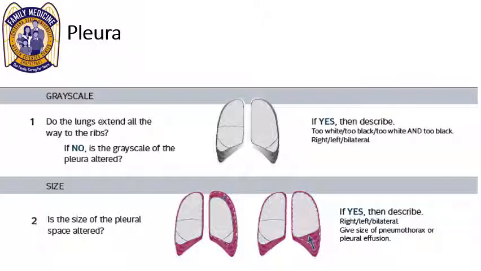You can also see aberrations of the pleura itself, pleuritis or empyema. If there's any type of unilateral changes in the pleural expansion or contraction, that could be an indication for pneumothorax or pleural effusion, which we see on the bottom here.